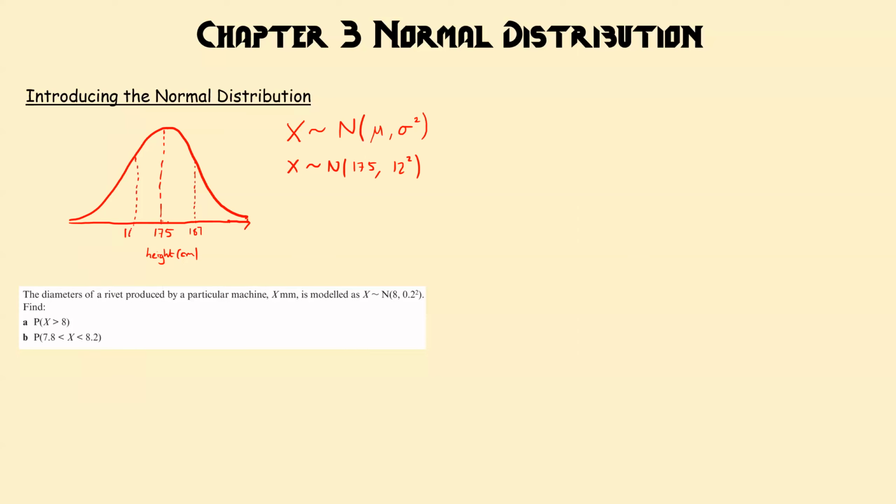So that's 163. So what I'm saying here is we've got the mean and we've gone one standard deviation to the right. We've also gone a standard deviation to the left. So what's special about this?